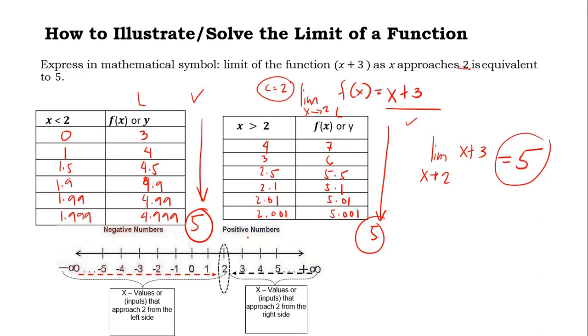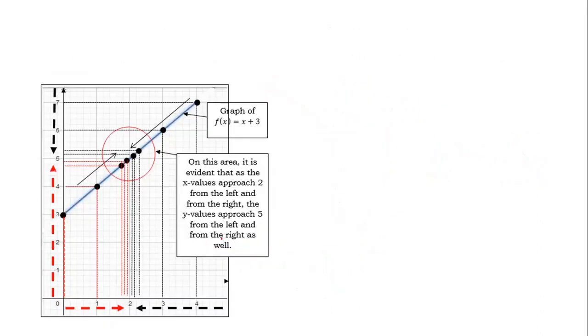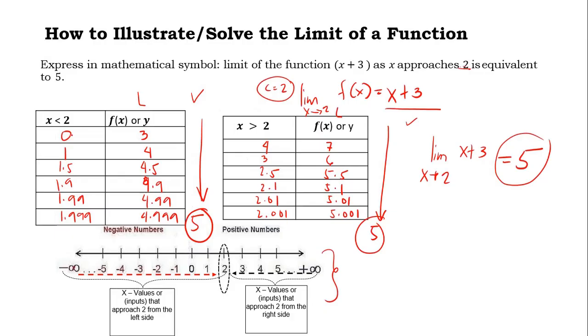So what I am saying, on the number line, is that the left side and the right side approach 2. Okay, by graph also, if we graph it, we can see that it approaches. The points are (0, 3), (1, 4), (4, 7), (3, 6), since these are ordered pairs of x and y.